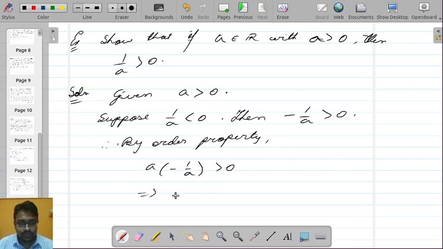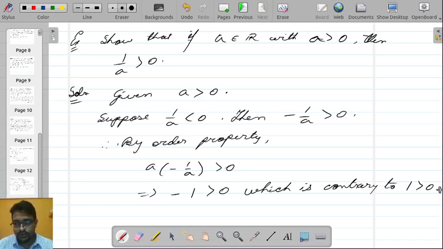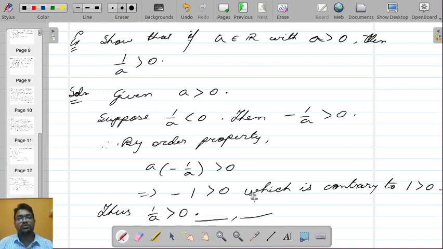Okay, so this implies minus 1 is positive, which contradicts, which is contrary to 1 greater than 0. So thus 1 by a has to be greater than 0. Okay, so if a is positive, 1 by a has to be positive. So we have proved it, right?